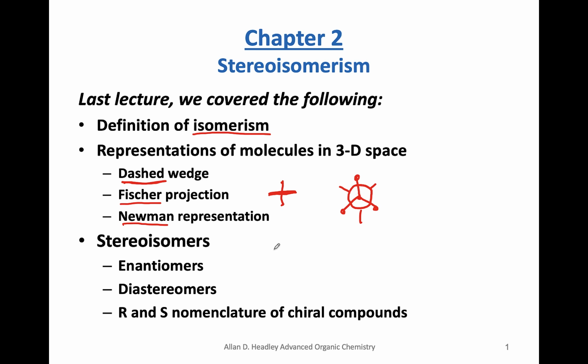That is the Newman representation. We then got a little more specific in terms of stereoisomers, and we looked at two kinds last lecture: enantiomers, which are mirror images of each other that are not superimposable, and diastereomers, which are not mirror images of each other and are not superimposable.